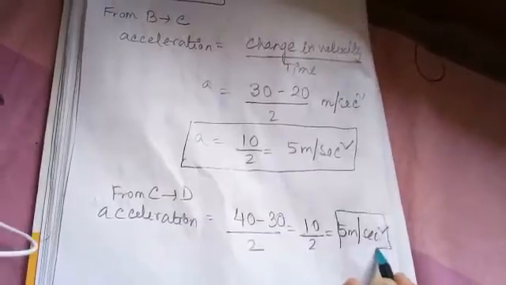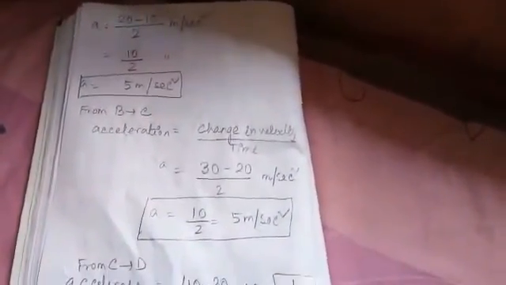Okay, do you have any idea that acceleration is a vector quantity? So it has a direction. Which direction is the acceleration towards? It is from A to D, because velocity is from A to D. Velocity is in this direction because the body is traveling in this direction, and the acceleration is also in this direction. At every point the acceleration is in this direction.